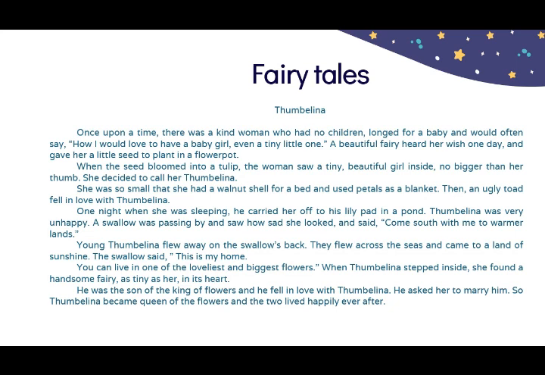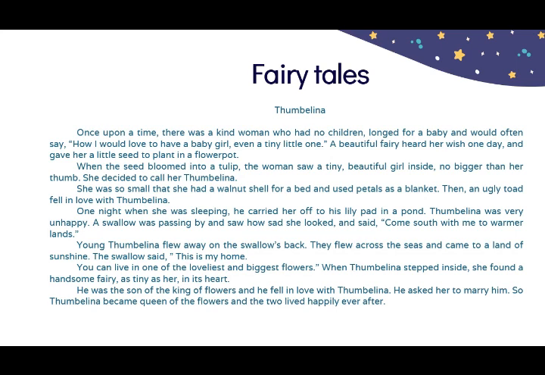She was so small that she had a walnut shell for a bed and used petals as a blanket. Then an ugly thought fell in love with Thumbelina. One night when she was sleeping, he carried her off to his lily pad in a pond. Thumbelina was very unhappy. A swallow was passing by and saw how sad she looked and said, "Come south with me to warmer lands." Young Thumbelina flew away on the swallow's back.